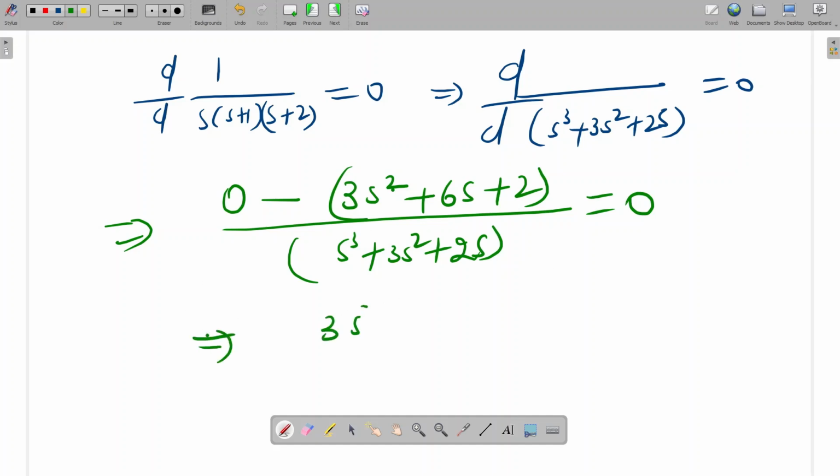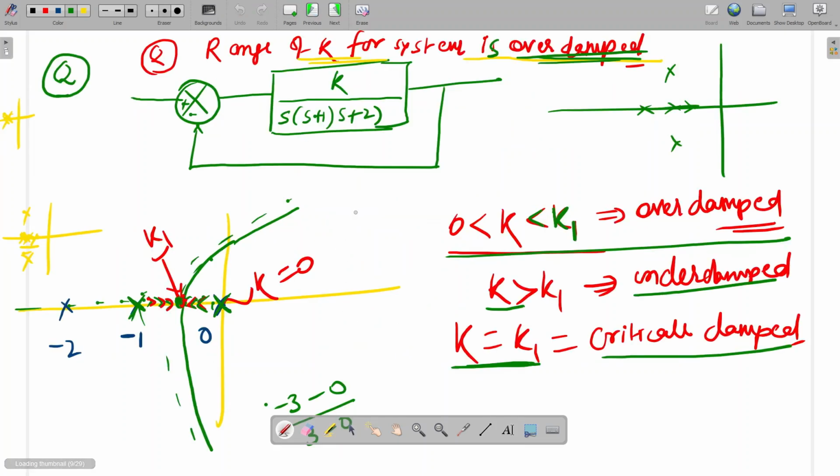So 3s square plus 6s plus 2. Is it correct? Let's see. Yes, 3s square plus 6s plus 2.